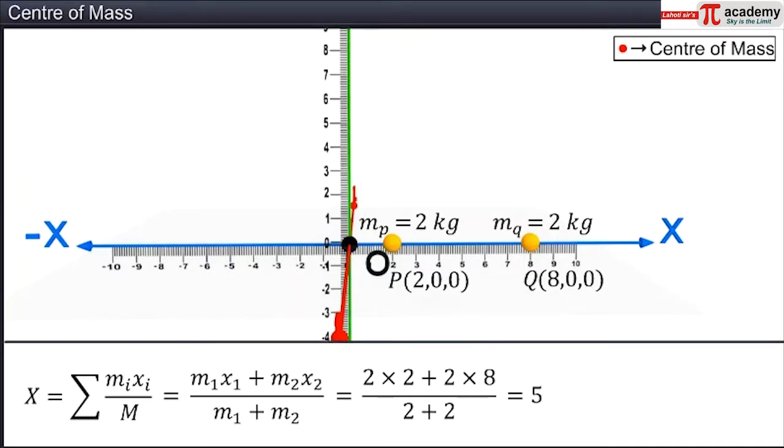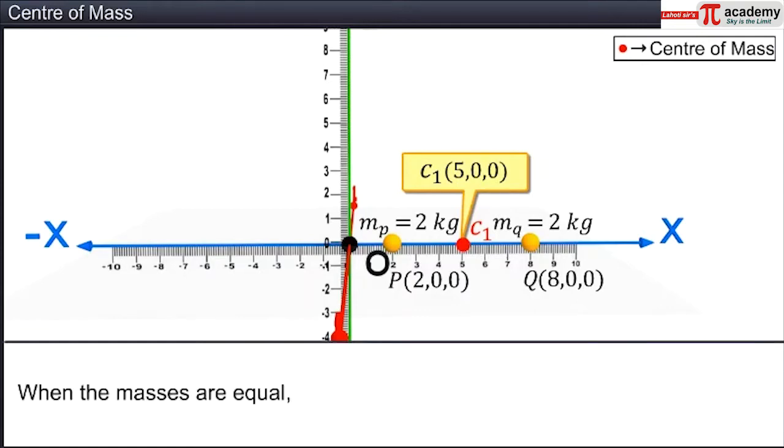The location of the center of mass is C1, 5, 0, 0. Note that when masses of both particles are equal, x is a simple average of x1 and x2.